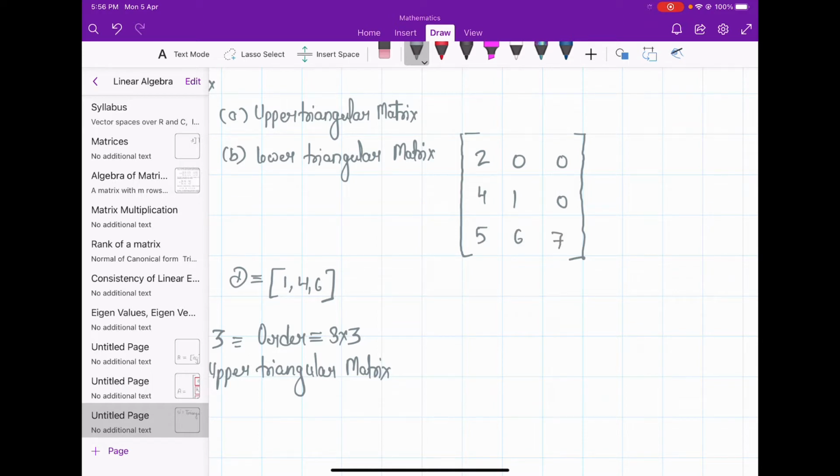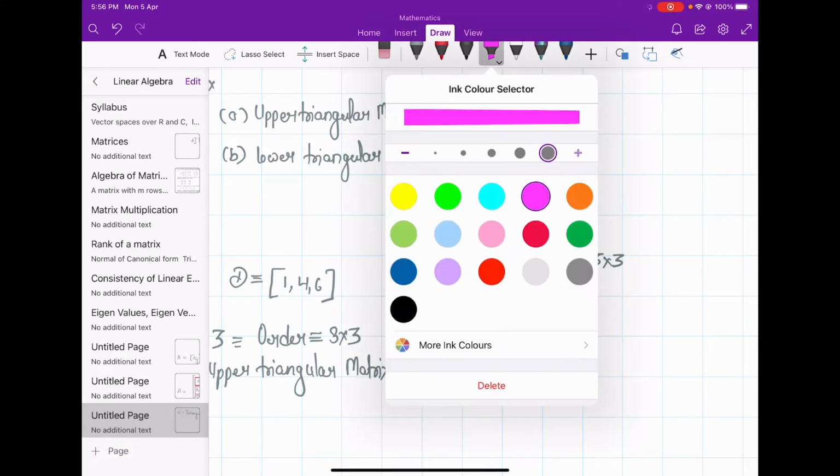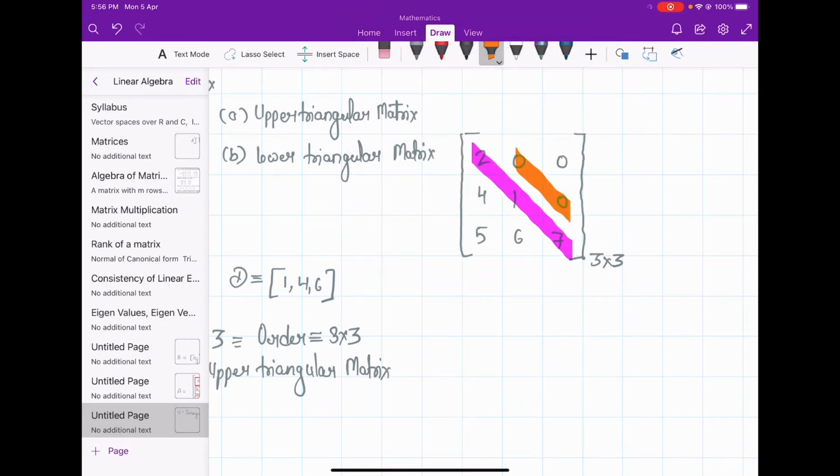This is a matrix of order 3 cross 3, and the diagonal is 2, 1, 7, and all the elements above the diagonal, that is the 0s, are 0. So this is the lower triangular matrix.